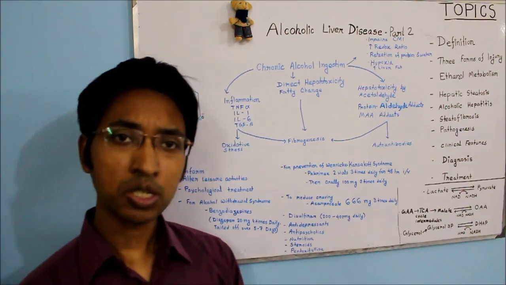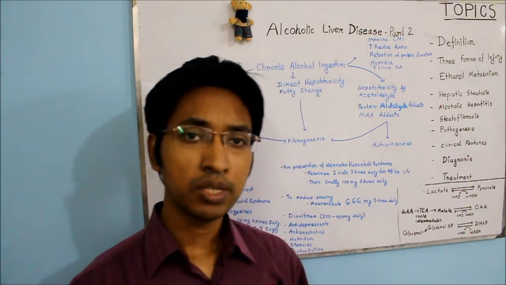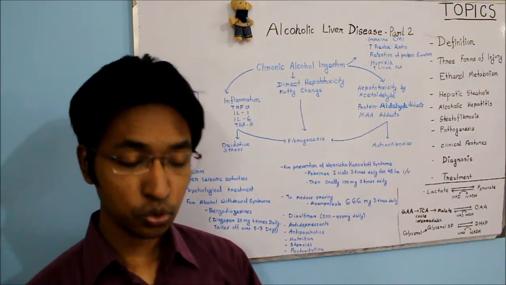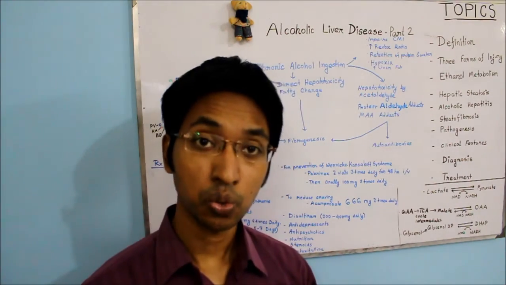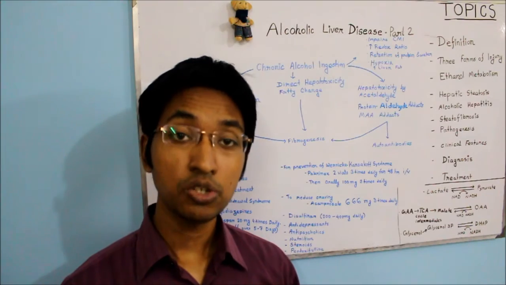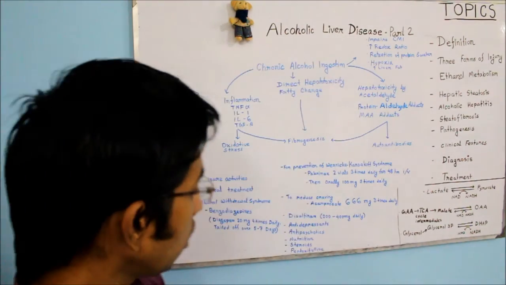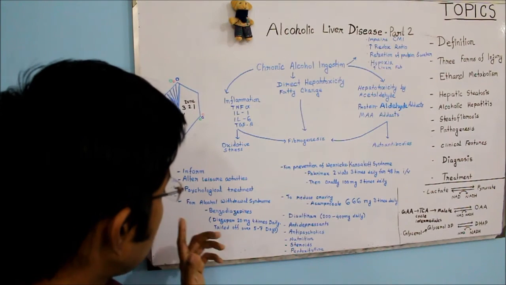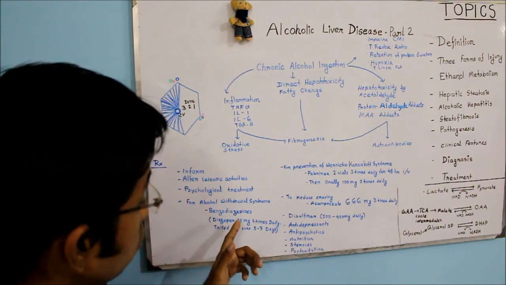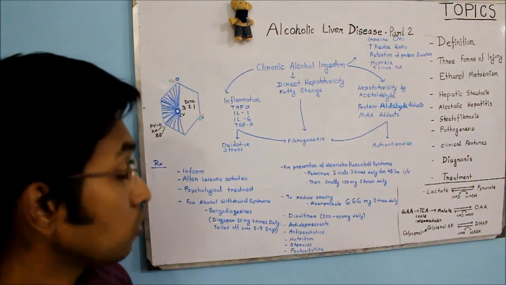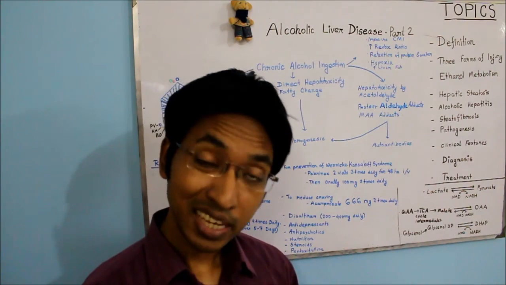And in your textbook, you will see that there will be auditory hallucination too. And the patient may also experience delusion, illusion, even seizure. So all these things can happen during alcohol withdrawal syndrome, and those things have to be dealt with.